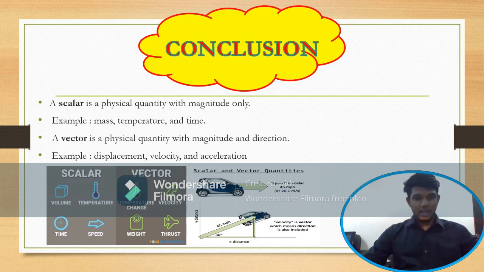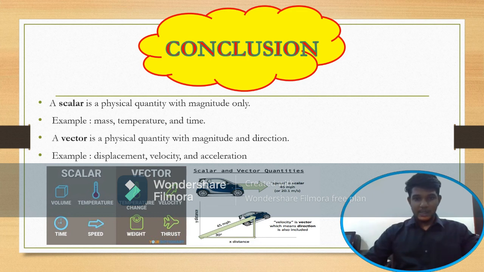So here are some images that are added so that you can understand even more. As you can see, scalar involves calculating volume, temperature, time, speed, whereby vector involves calculating temperature change, velocity, weight, thrust, which is a physical quantity with magnitude and direction. Next, I have also added another image, which is a mathematical solution kind of image, of scalar and vector quantities.